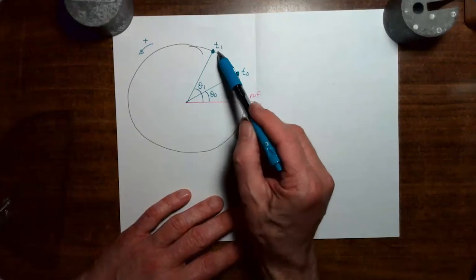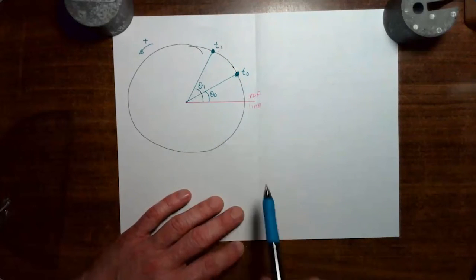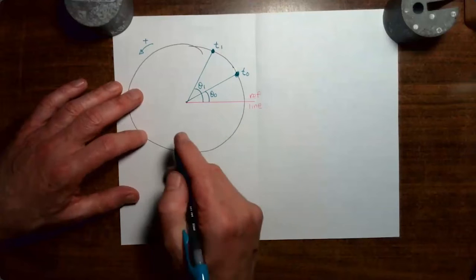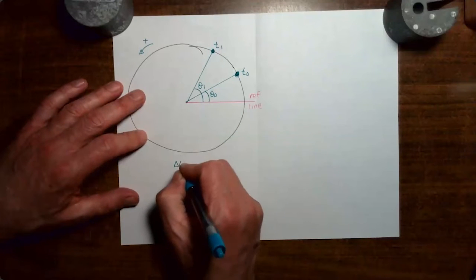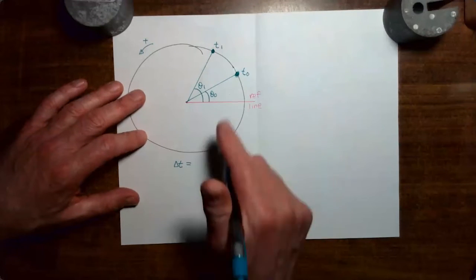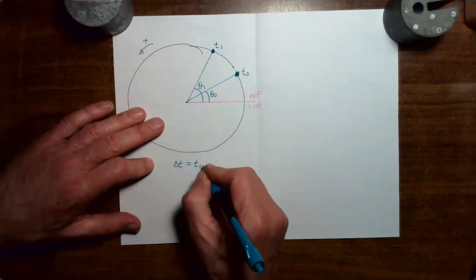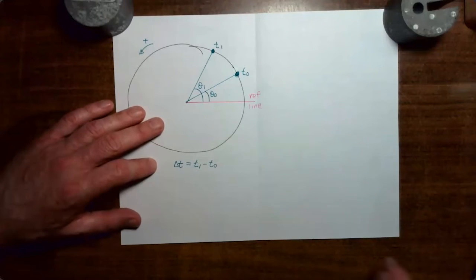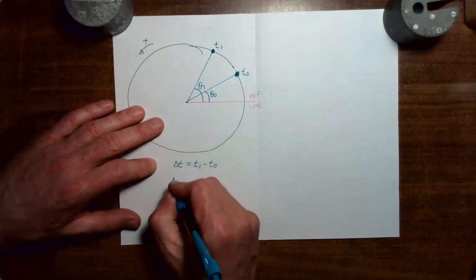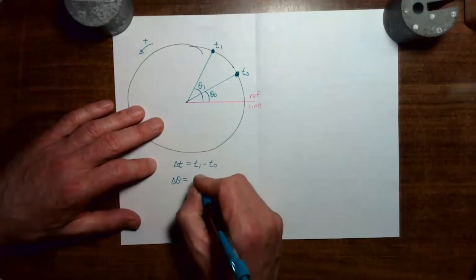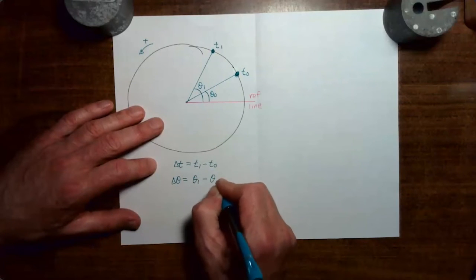At time t1, the dot is at angular position theta 1. So let's say that we're talking about a time interval that goes from time 0 to time 1. We would then have delta t equals t1 minus t0. The change in angular position during that time would then be delta theta equals theta 1 minus theta 0.